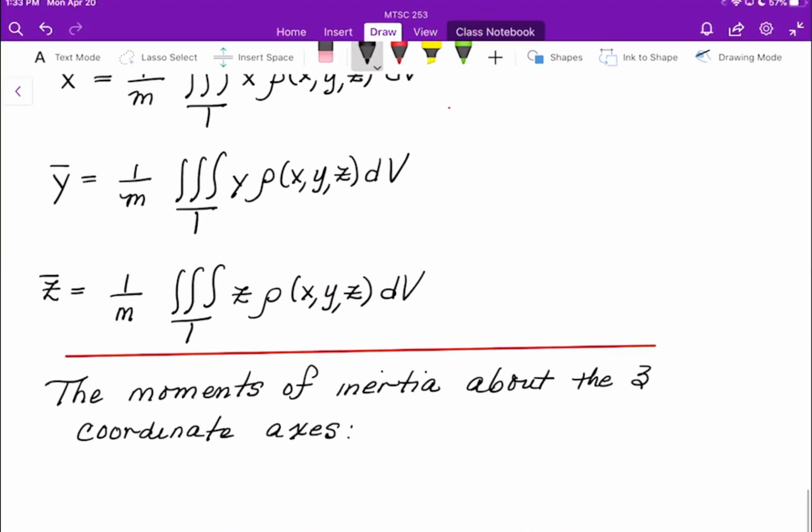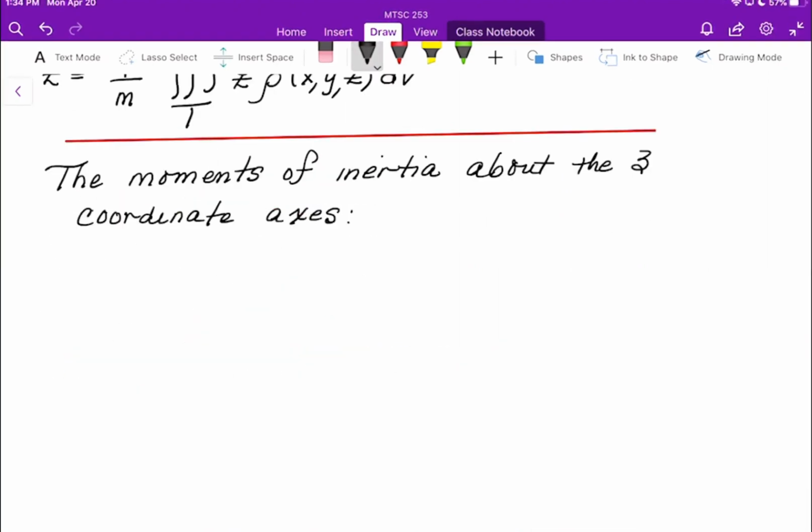And these are as follows. Ix is the triple integral, apologies, of y squared plus z squared times the density dV.